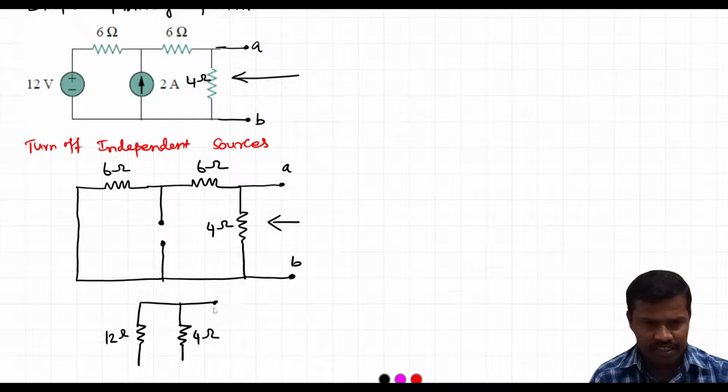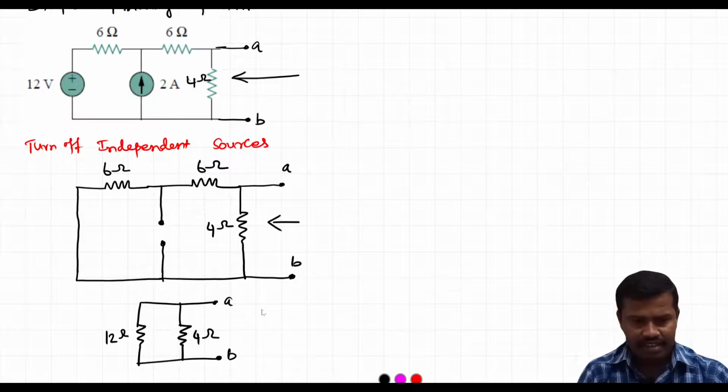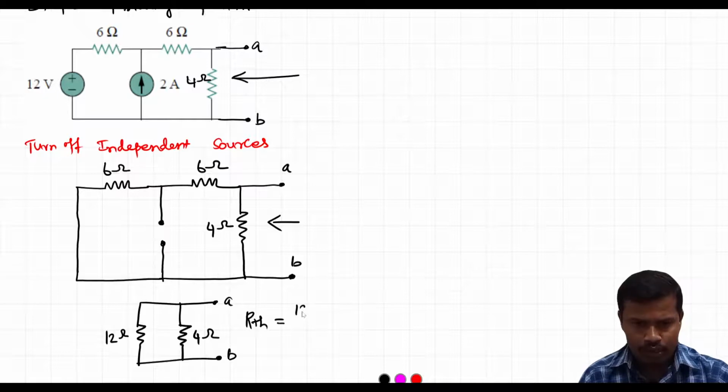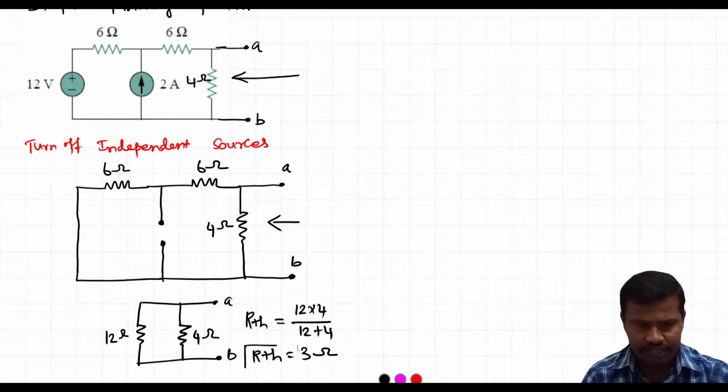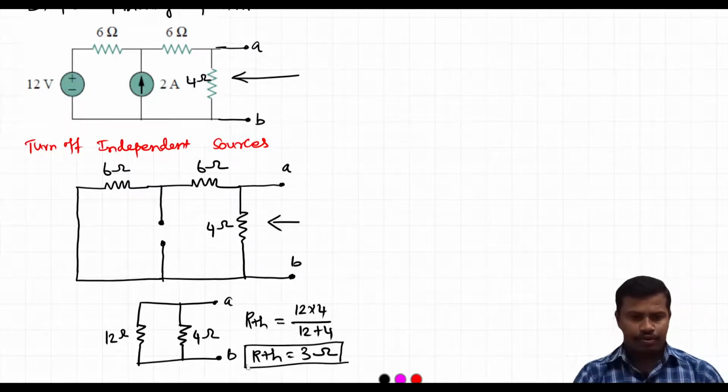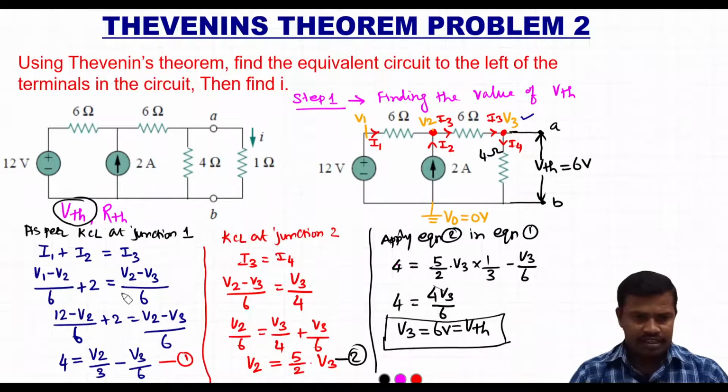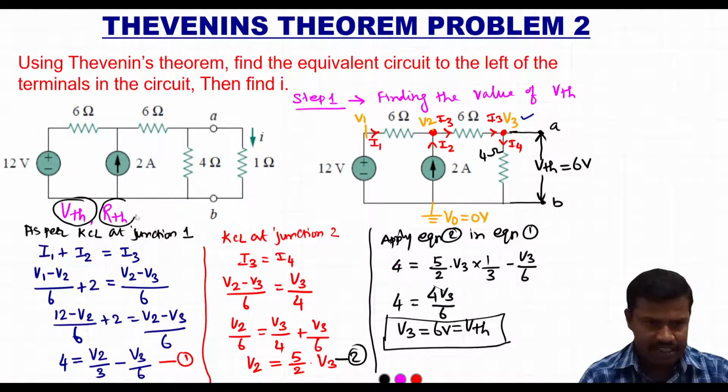These are the terminals A and B. When we simplify this, RTH is equal to 12 into 4 divided by 12 plus 4, which is equal to 3 ohm. RTH is equal to 3 ohm. So here we have found the RTH also.